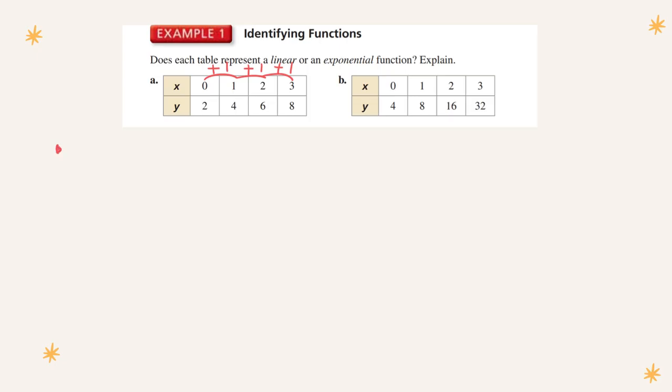So we can determine that x increases by 1. And y, we can see that 2 to 4 difference is plus 2, 4 to 6 is plus 2, and 6 to 8 is plus 2.